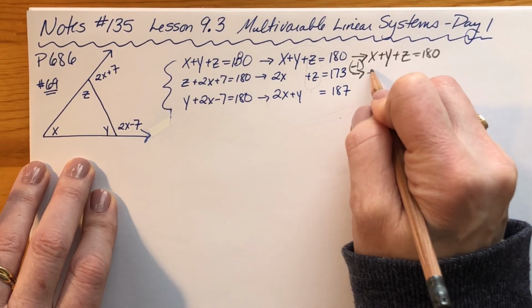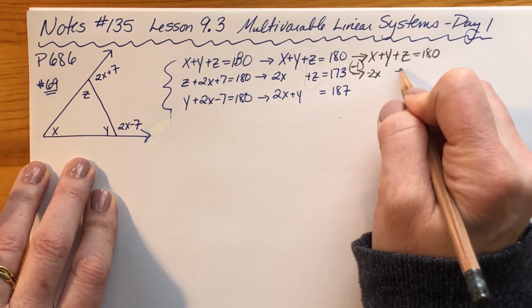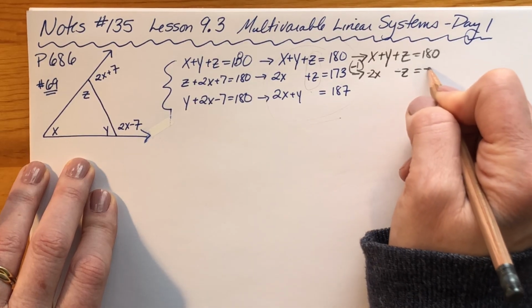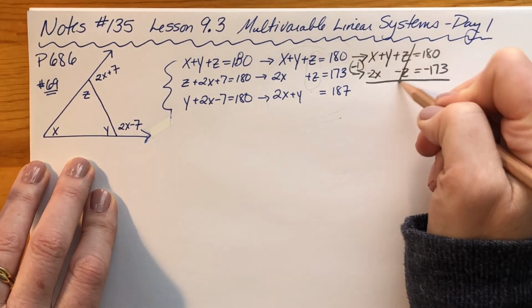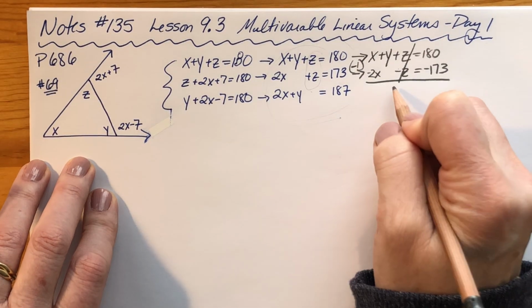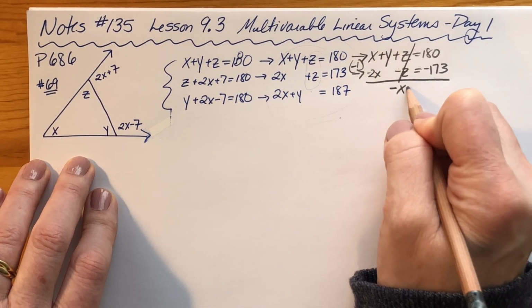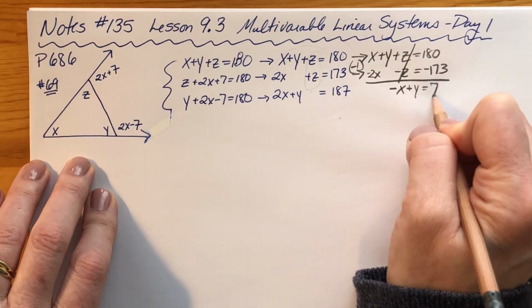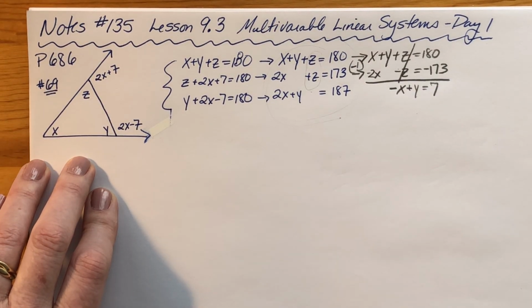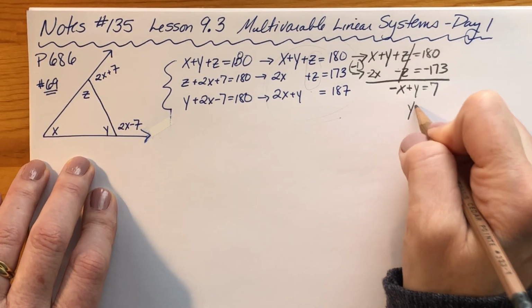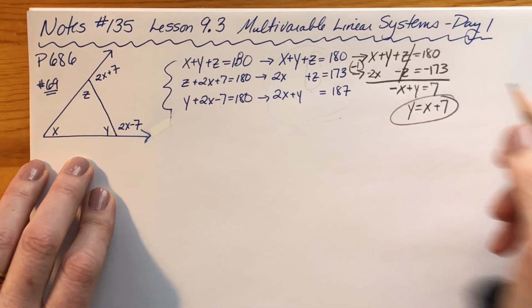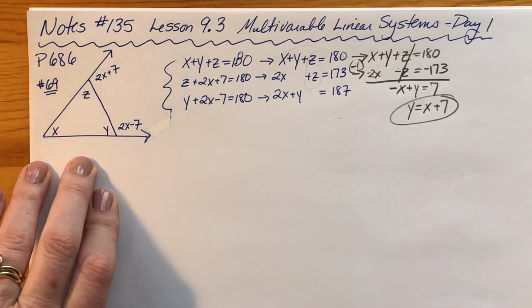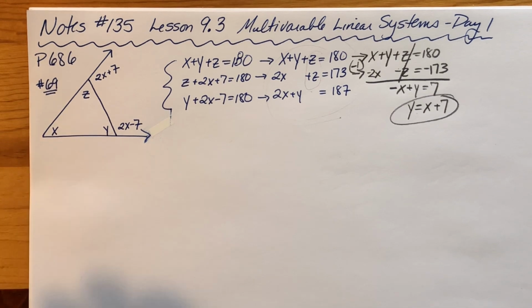You can just go ahead if you want and subtract, but I lose negative signs all the time. So it would be negative x plus y equals 7. Oh, you know what I'm thinking? This looks like a great substitution problem. I know what y equals. y equals x plus 7.